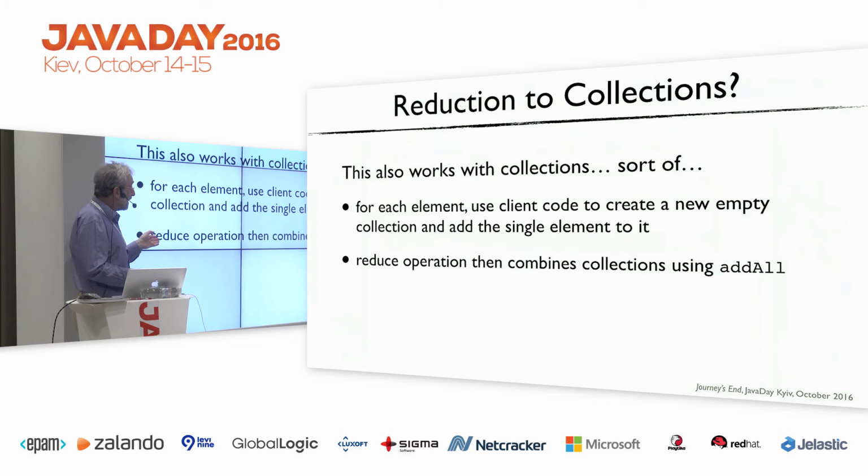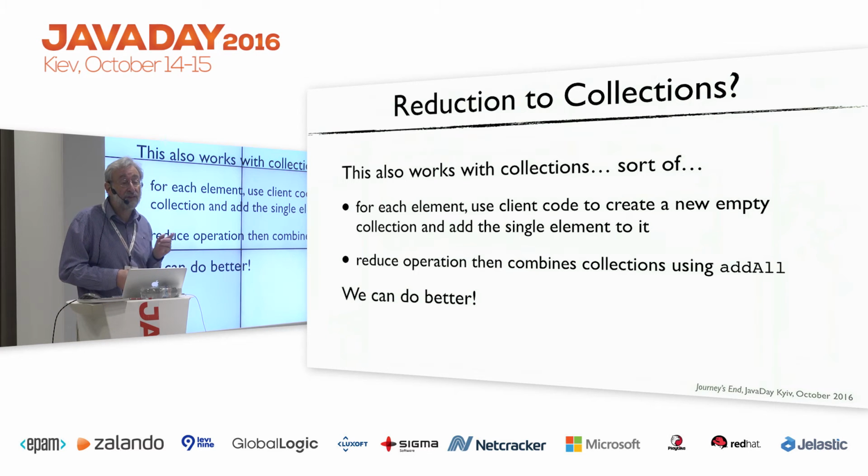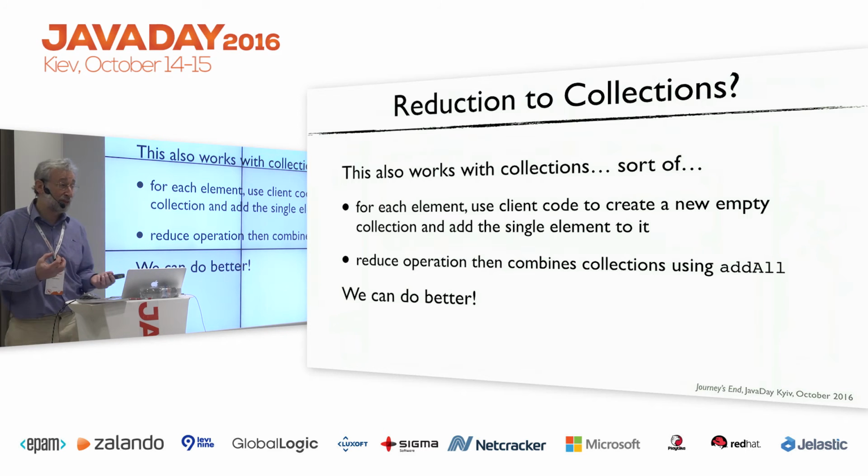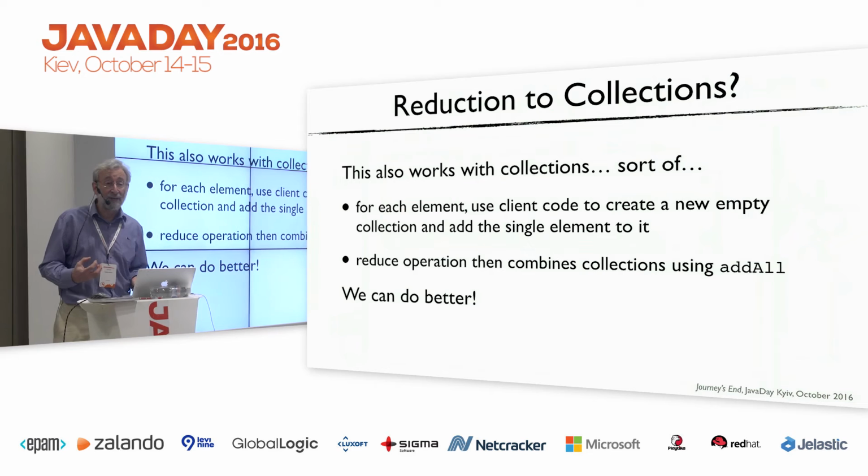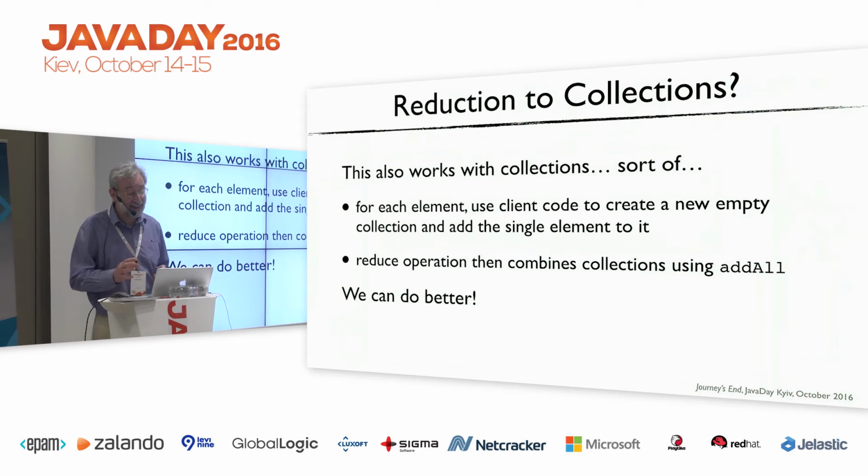You could add a single element to it, and then the reduce operation could combine all these things together. But it's not very nice. At the end of the talk, if we survive that long, I'll show you a comparison, in a practical case, between collection and reduction, and you'll see that it's very clumsy and it doesn't really work very well at all.